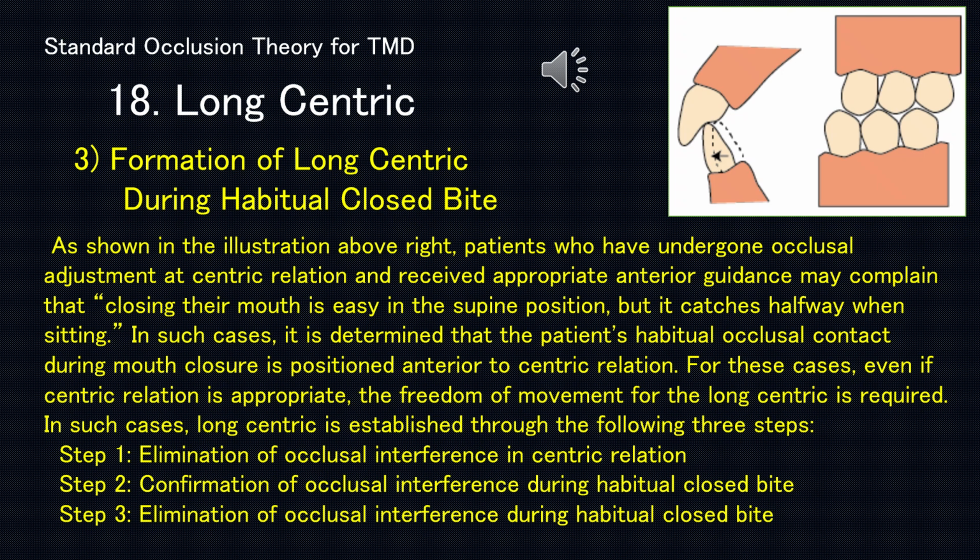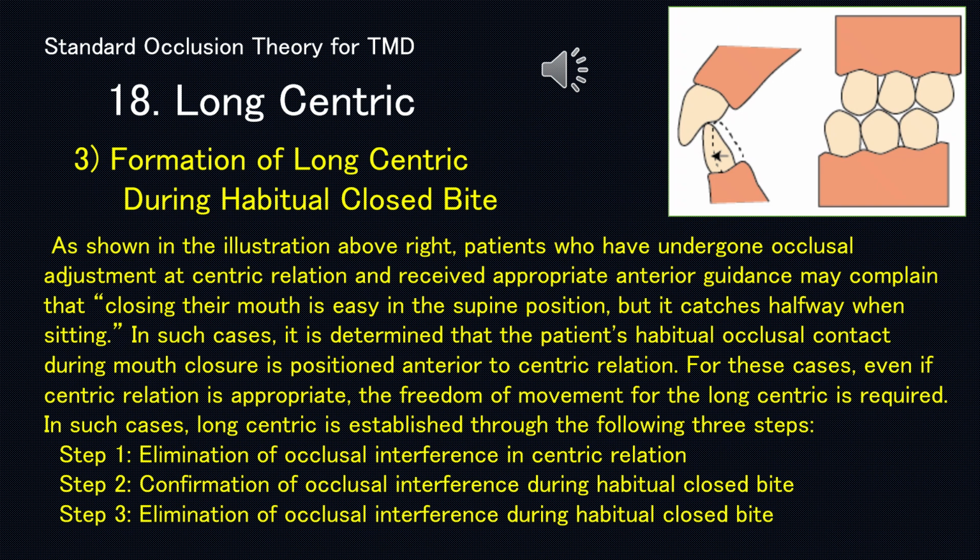In such cases, it is determined that the patient's habitual occlusal contact during mouth closure is positioned anterior to centric relation. For these cases, even if centric relation is appropriate, the freedom of movement for the long-centric is required. In such cases, long-centric is established through the following 3 steps.